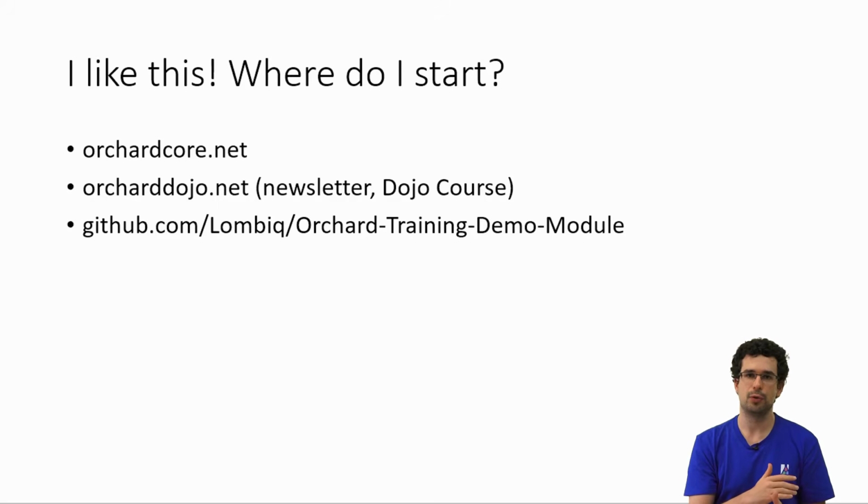And then Dojo Course 2 is for Orchard 1. If you want to understand and learn more about the developer side of Orchard, I also encourage you to check out the training demo module. Our training demo module is a thoroughly documented Orchard Core module that guides you through becoming an Orchard developer.